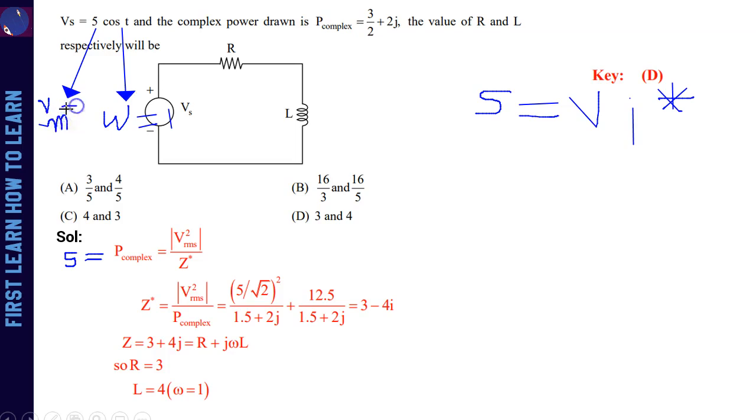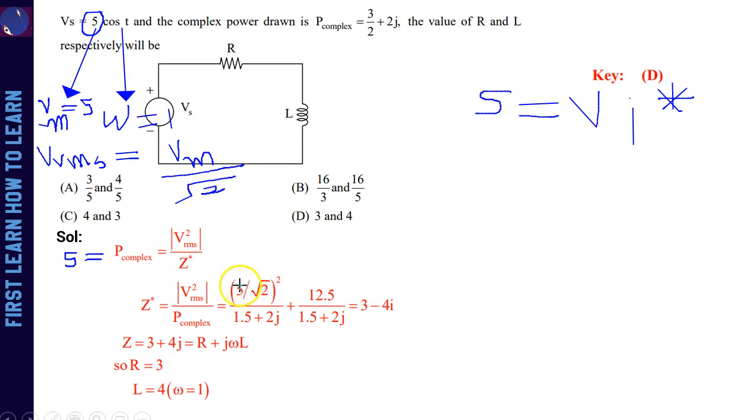We know that Vrms is equal to Vm by root 2. RMS value is equal to maximum value divided by root 2, and hence Vrms is equal to Vm by root 2. In the question, Vs is equal to 5 cos t is given, so this 5 corresponds to Vm, not Vrms.